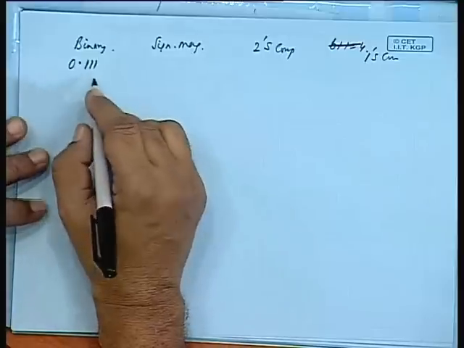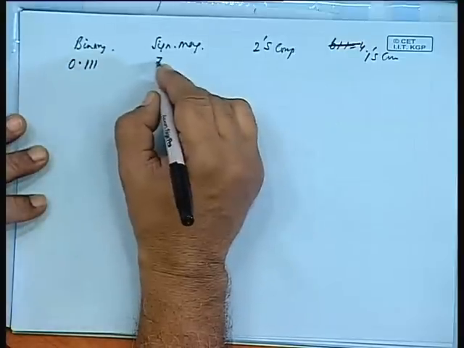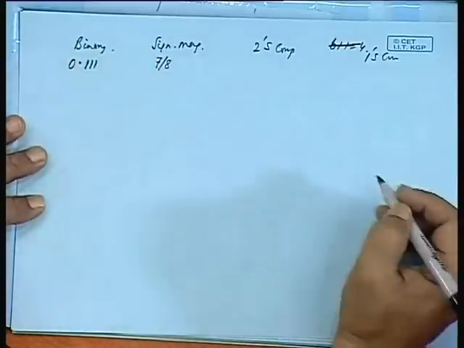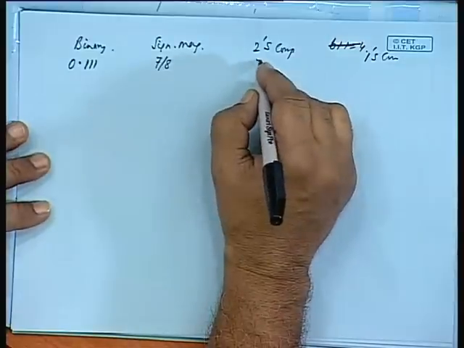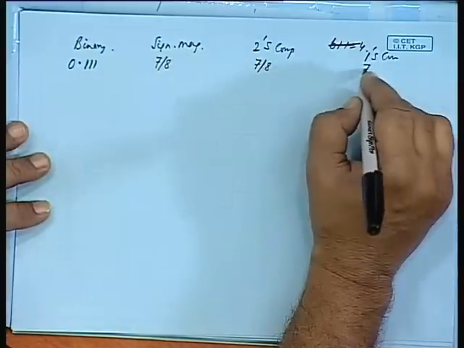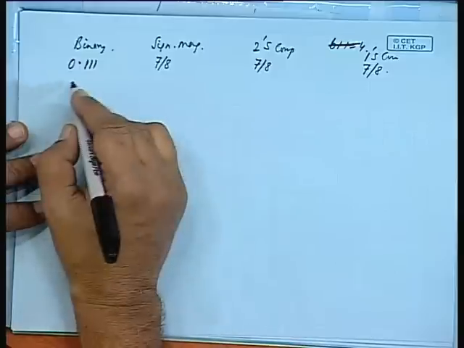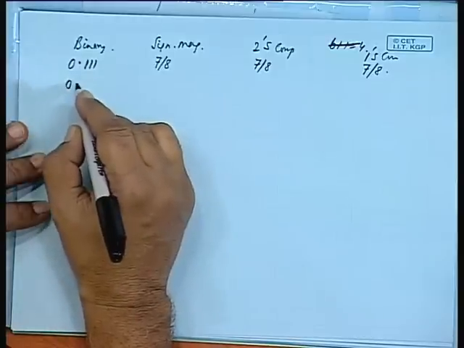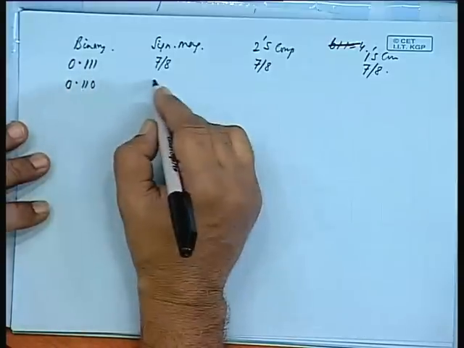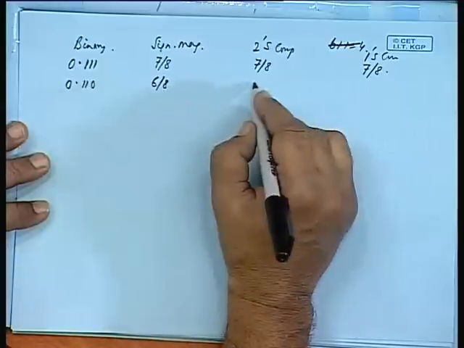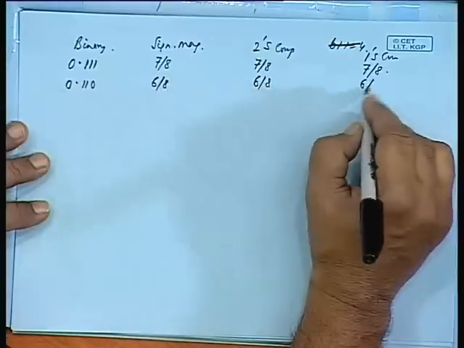So, 0.111 will represent 7 by 8, 7 by 8, 7 by 8. Okay. 0.110, similarly 6 by 8, 6 by 8, 6 by 8.